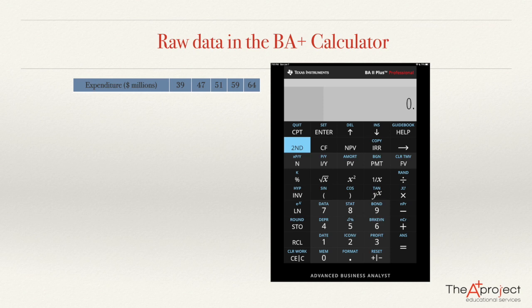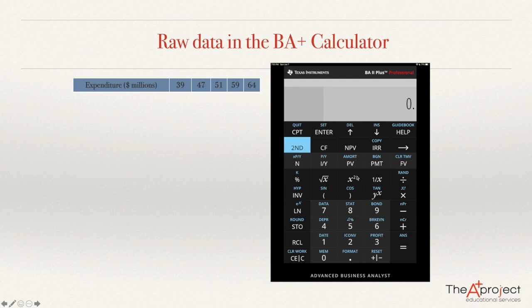Now, let's see what to do if we have a problem. Imagine that this is a sample or a population. So this is a data set, and you need to find the statistics related to this data set. For example, you want to compute the mean and the standard deviation of this data set. The first thing to do is input the whole data set into the memory of your calculator.